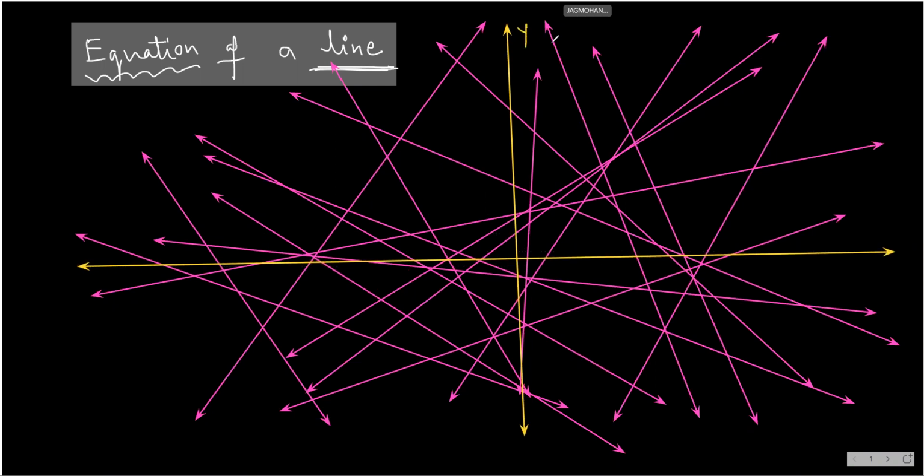This is the Y axis, this is the X axis, this is the origin, and you have so many lines on the plane. Each one of them is different from the other. So how do I distinguish between these lines? We will distinguish them by writing their unique equations. So let us start solving this.